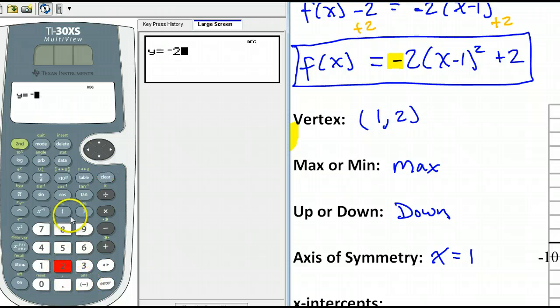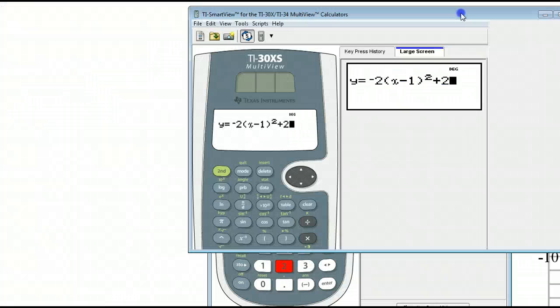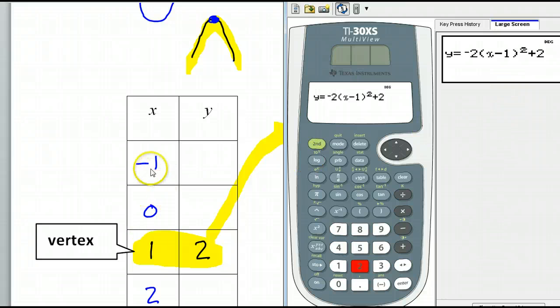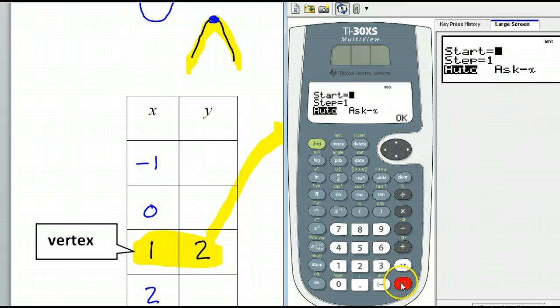So I've got -2 times x minus 1 squared plus 2. All right, I'm just typing in my vertex form equation. So let's see what happens. Bam. Now I'm going to want it to start at -1 just to be efficient. All right, might as well start at the top of my table here.